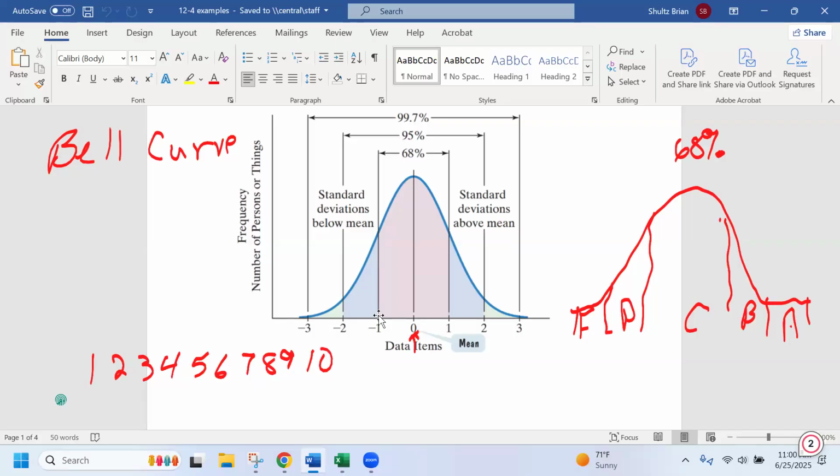That means that from here, there's our A, here's our F. Let's go ahead and make this easy. This is our D, and this is our B. And then in between here, the rest of these people all get C's. So if you're asking to be graded on a curve, you're actually asking basically to get a C.